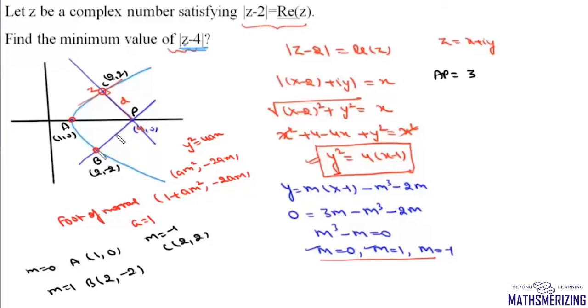And from symmetry we can say that BP must be equal to CP, and this value will be under root of 2 square plus 2 square, and that should be 2 root 2. So the minimum value of mod z minus 4 will be simply 2 root 2. And that is the answer to this question.